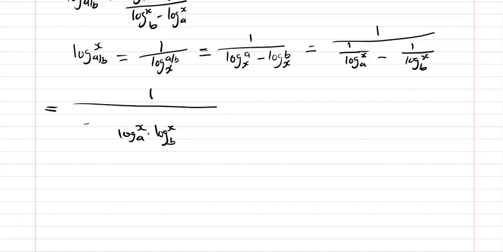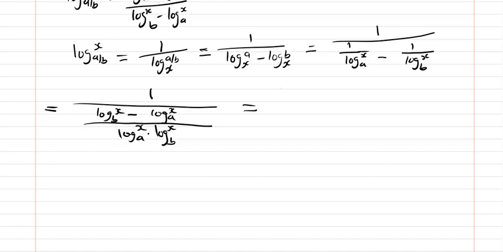Now, this 1 over this is common, so this will multiply this one. So we have here log x to base b minus log x to base a, right?